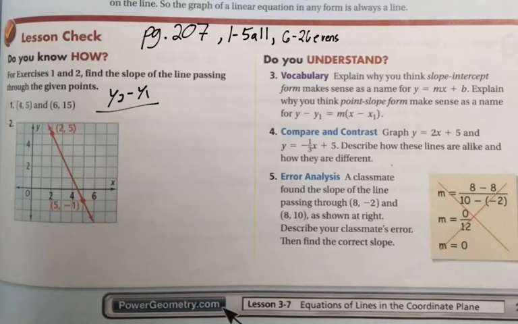Find the difference in y's over the difference in x's. So that's 5 minus 15. 5 is a y, 15 is a y. 4 minus 6, 4 is an x, 6 is an x.